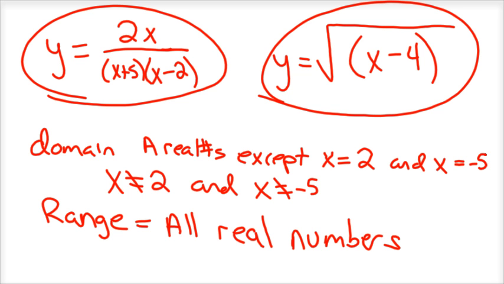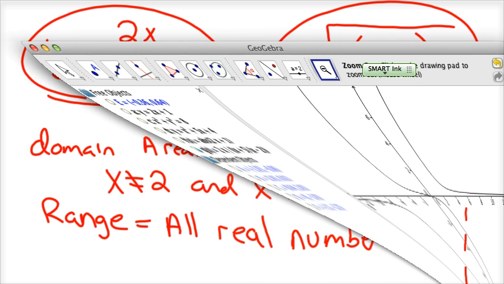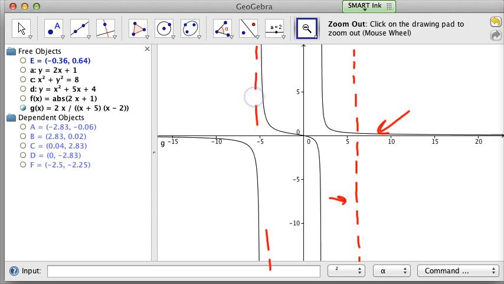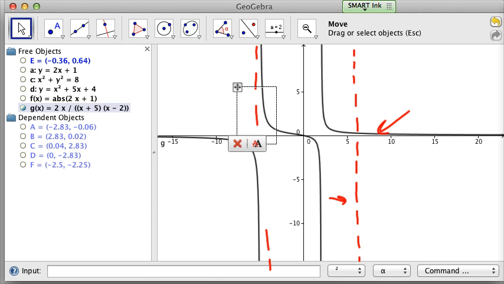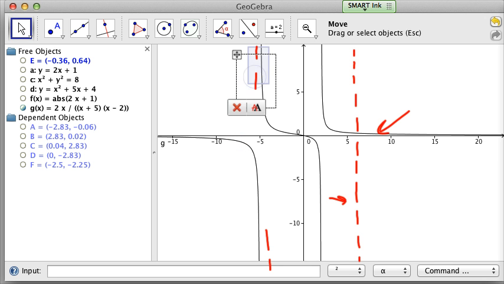And then the last one is the square root of x minus 4, which is good, because we're getting kind of long. So for that particular one, we are zoomed clear out now. That's alright. We'll get it figured out later.